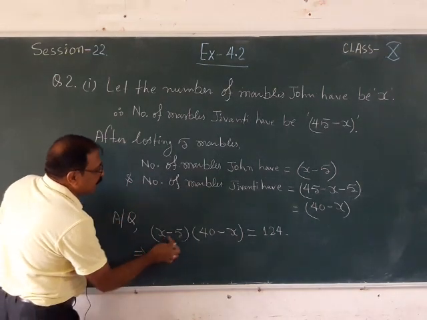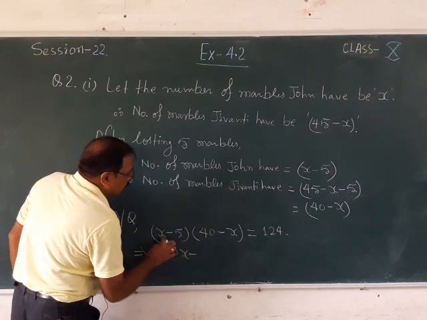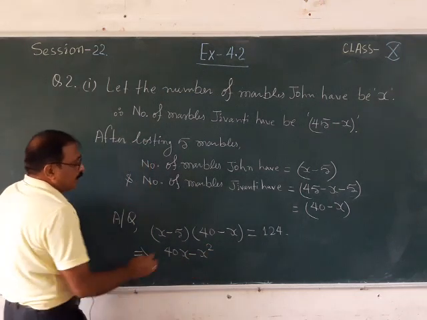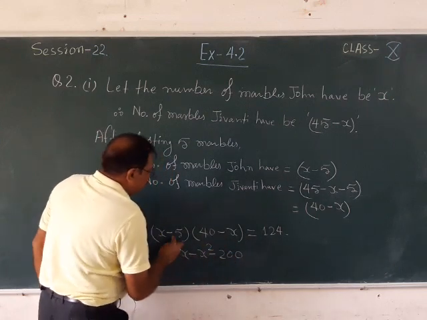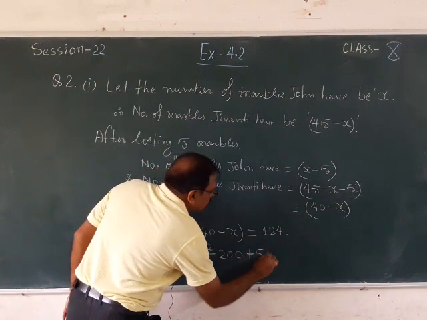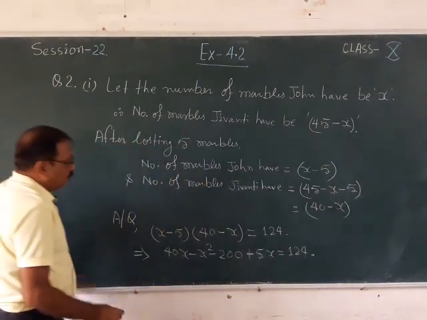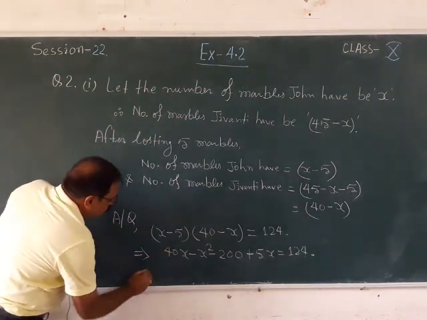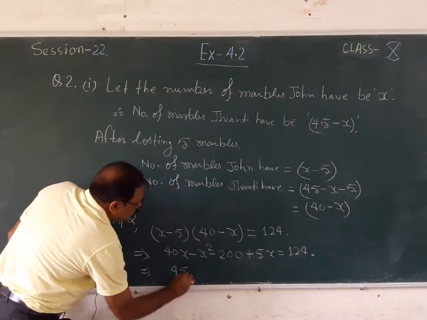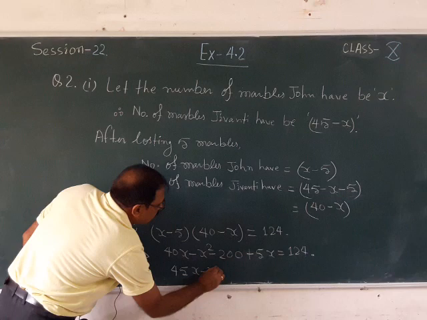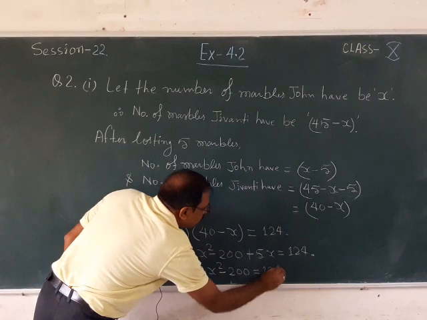So at first you try to solve it. x into 40 becomes 40x, then x and x becomes x square, then 5 into 40 becomes 200, and minus and minus becomes plus 5x, and that is equal to 124. Now we have to adjust this. So here 40 and plus 5 becomes 45, minus x square minus 200 is equal to 124.